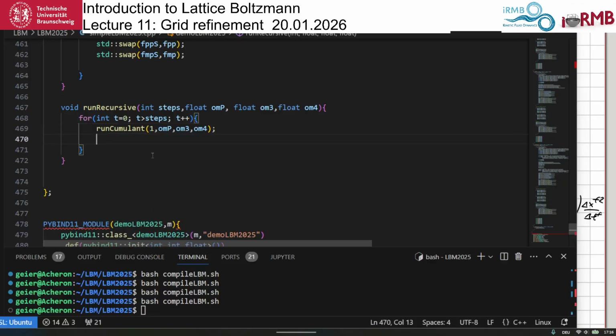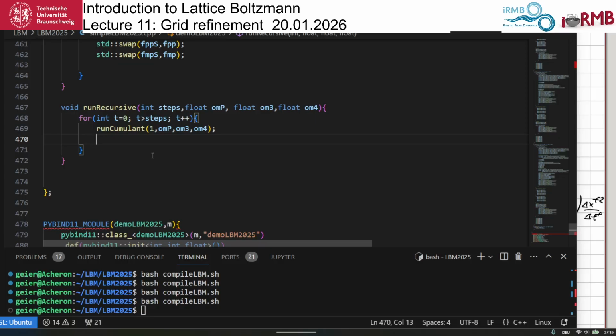And then we would recursively start the patches. So we would have to call in the child, we would have to call the recursive function. But this we must only do if the child is set. If the child is not set, we have to terminate.